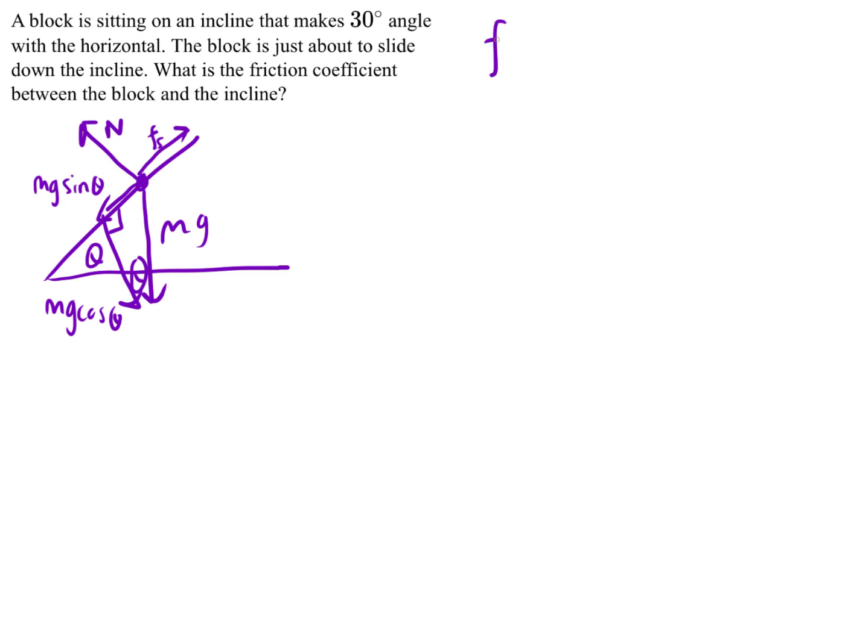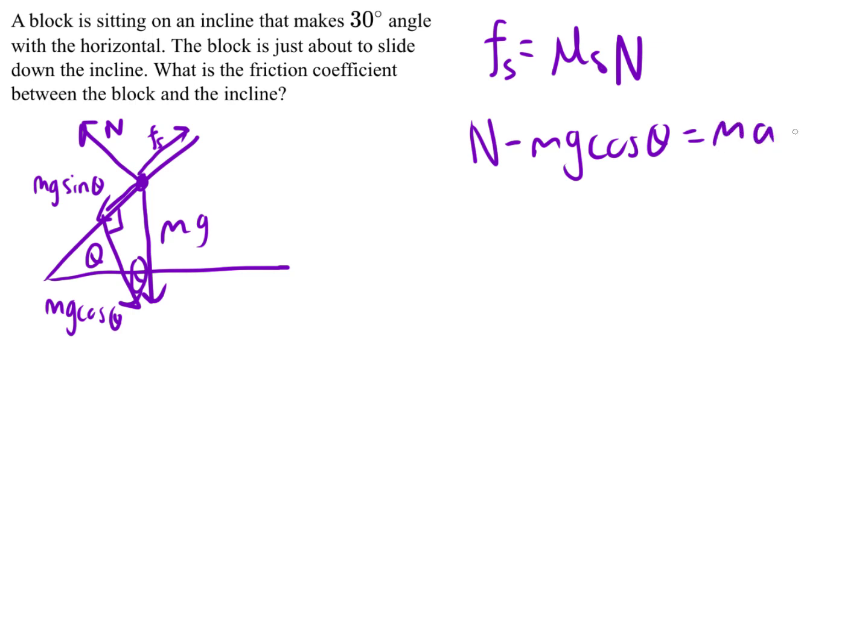So first, we can say that the force of static friction is equal to the coefficient of static friction times the normal force. But we don't know what the normal force is yet. So we can figure that out by looking at this diagram. So from here, you can see that the normal force minus mg times the cosine of theta, since they're both perpendicular to the inclined surface, is equal to the mass times acceleration of the block.